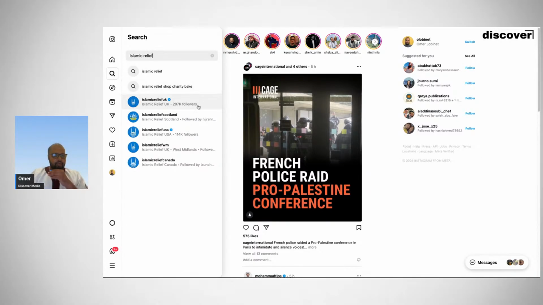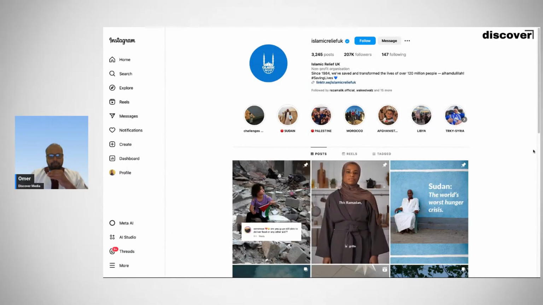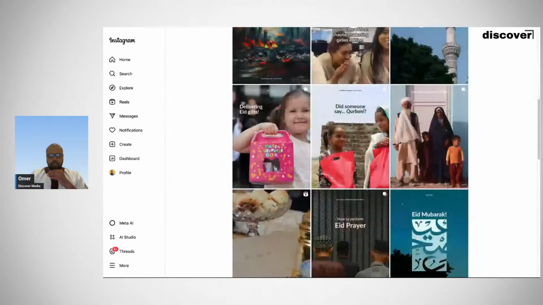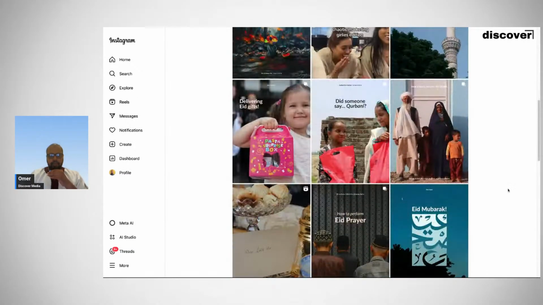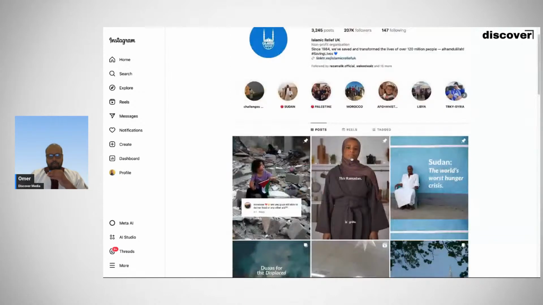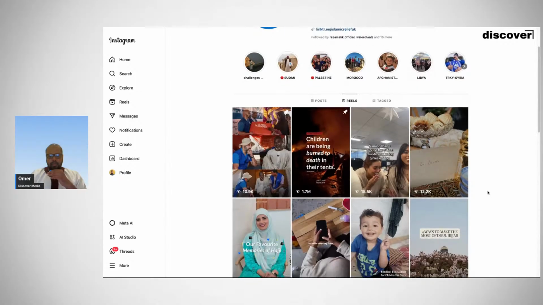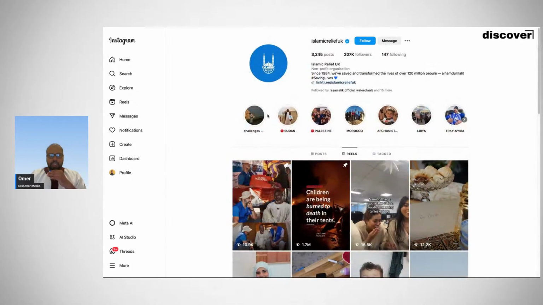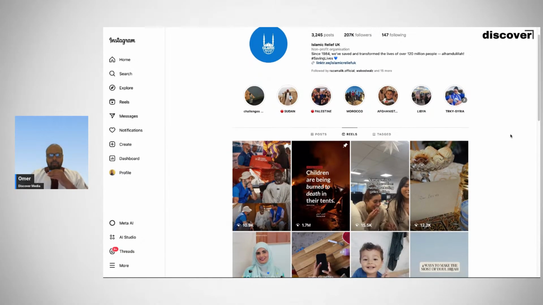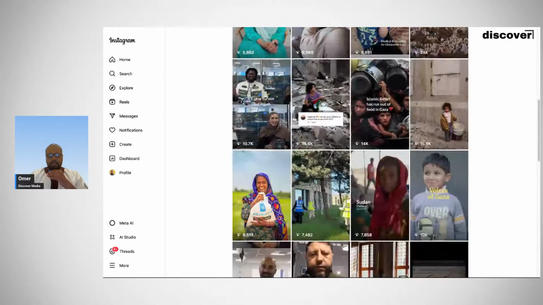Okay, worldwide. So what these organizations do, they'll put their reels and their posts, but they will share in their stories. So certain things they won't put up here. So this is challenges: Sudan, Palestine, Morocco, Afghanistan. Again, it's consistent.